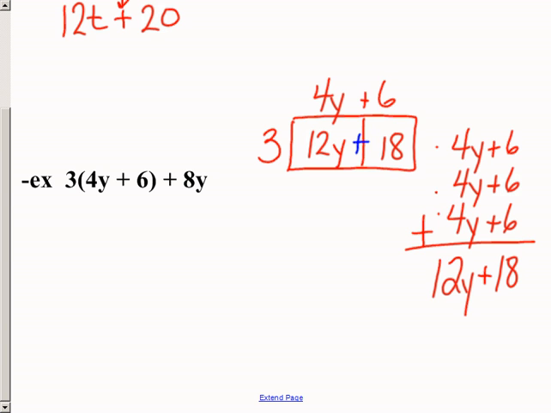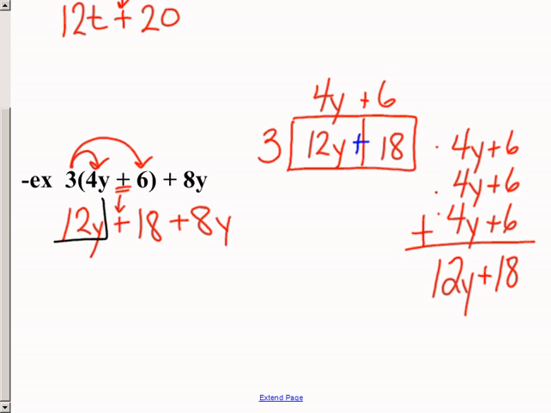So we can also come over and the shortcut is to say 3 times 4y. Remember, do the 3 times the coefficient, so that gives us 12y plus 3 times 6 is 18. And again, it's addition because we're keeping the addition symbol. Plus 8y. Now this looks like problems we already know how to do.